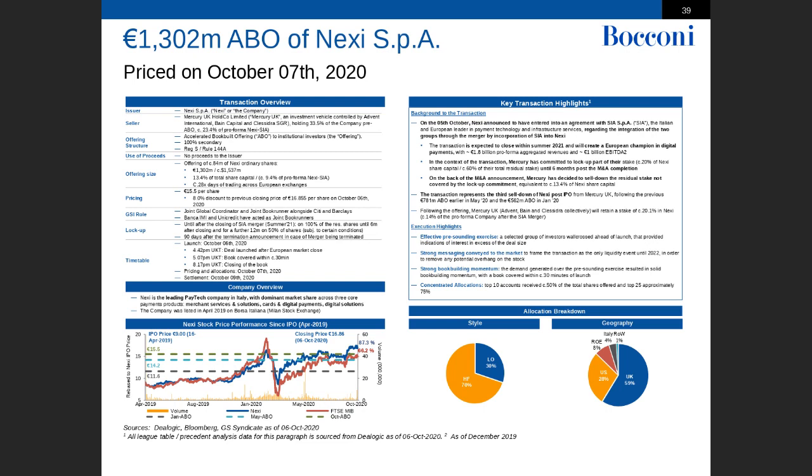Also, this transaction was very important to show and share with you the key takeaways of what happened in the financial market and in the banking industry over the last few years. A shift from traditional banking into fintech, not only in value, but also in size and volume, because the market is changing.